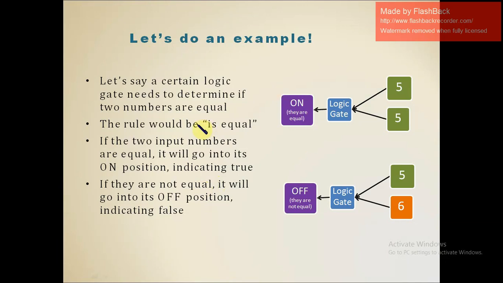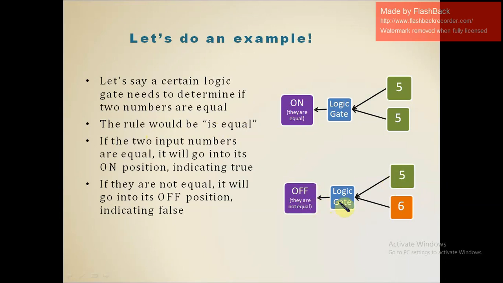Here we take one example, that is, when the values are equal. When we take the same value, in that case the rule gives equal. When we take different values, it is not equal.